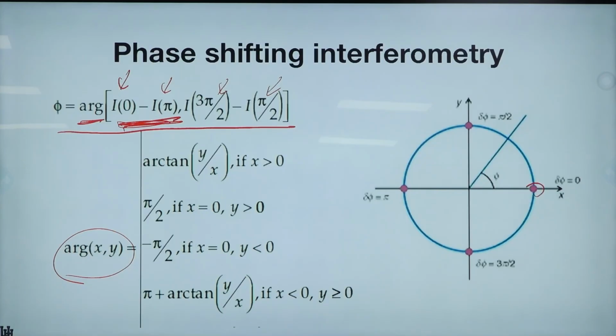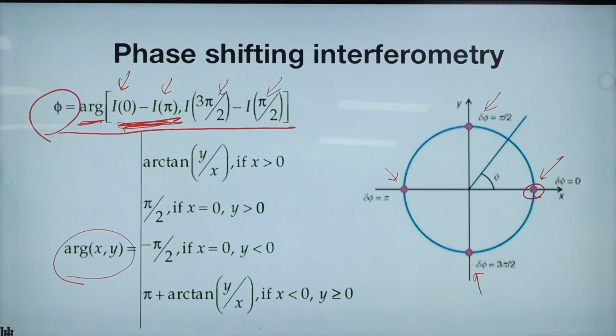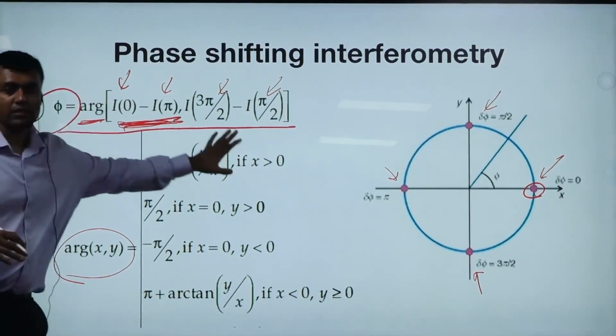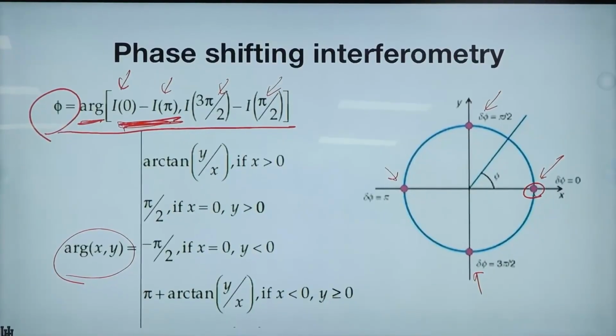Basically, in the complex plane you get 0 degrees, 90 degrees, 180 degrees and 270, and you combine all four of these images and calculate phi of x comma y, which, after this kind of image processing calculation, gives you the phase of the object at the end of it.